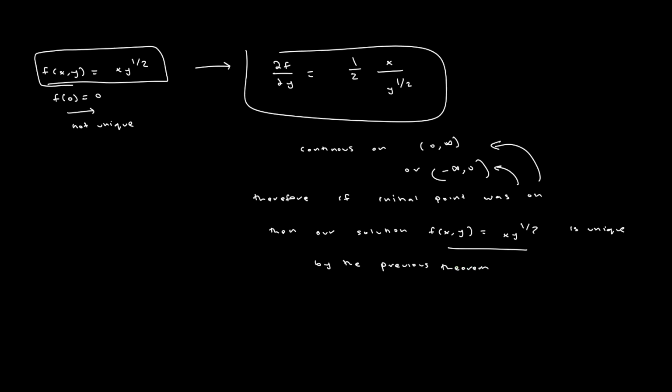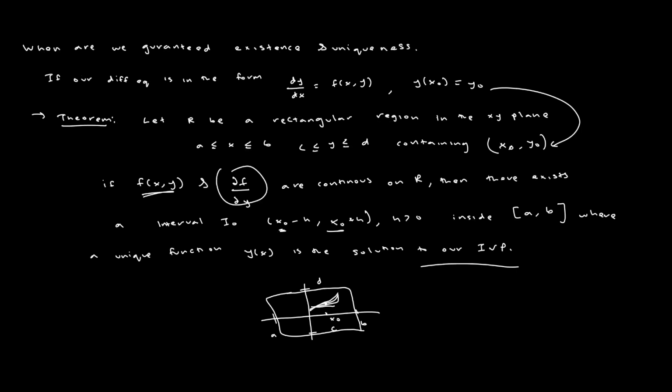Let me just flash the previous theorem, because the partial will be continuous, and the original function, we already know it's also continuous in that range, between 0 and infinity, and negative infinity to 0. And so because of this theorem, we're guaranteed that the solution is unique.